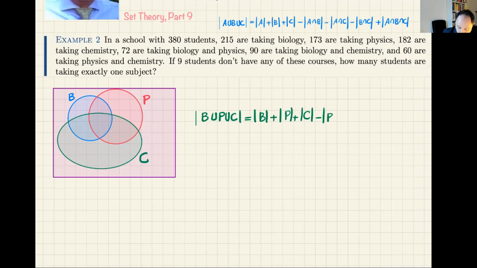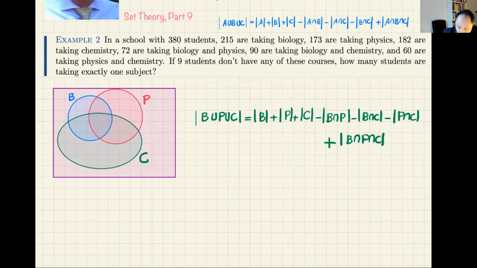So B and P, minus the intersection of B and C, and then the intersection between P and C, and finally plus the intersection of all of them simultaneously. Yes, B intersection P intersection C.